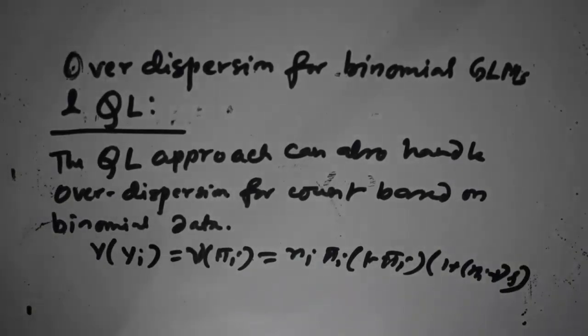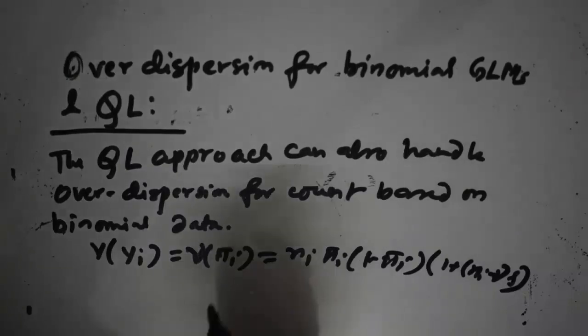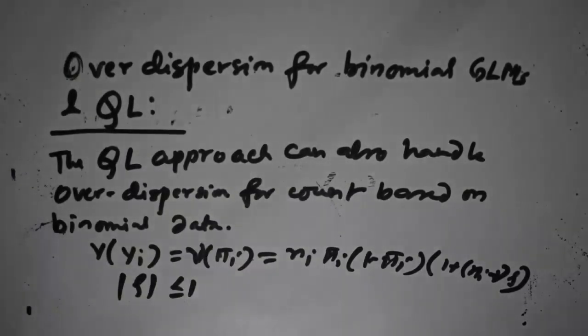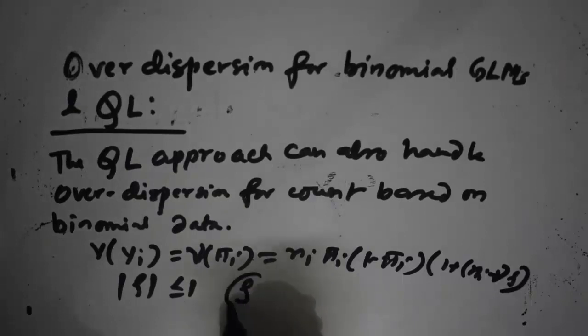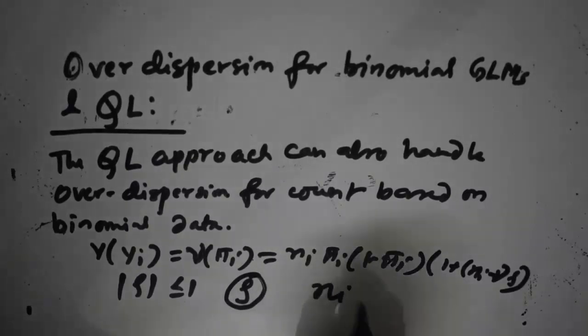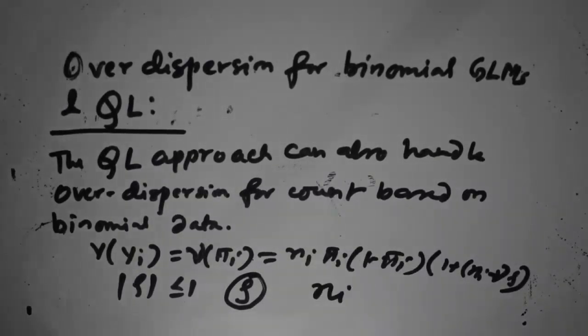This is a correlation model, same as the overdispersion model. Rho lies between minus 1 and plus 1. Here we assume a common correlation rho between each pair of the ni individual binary random variables that sum to yi.